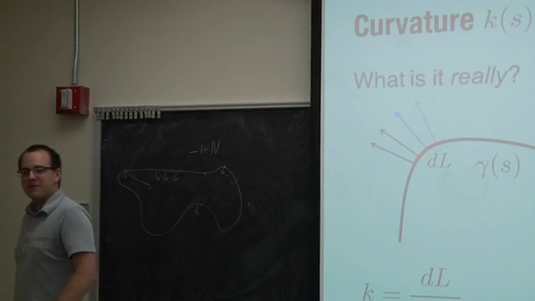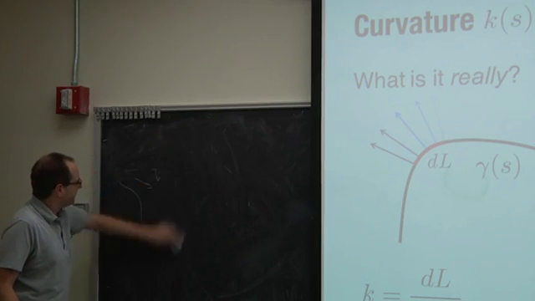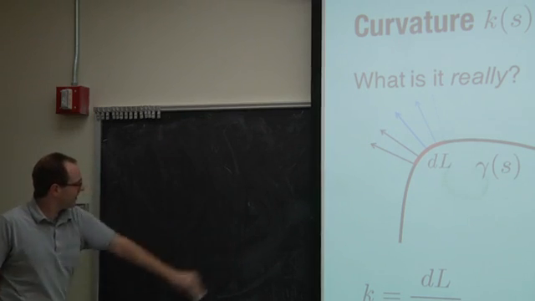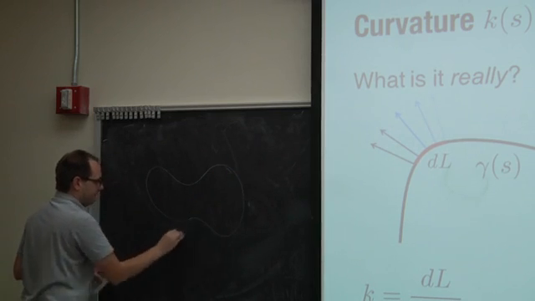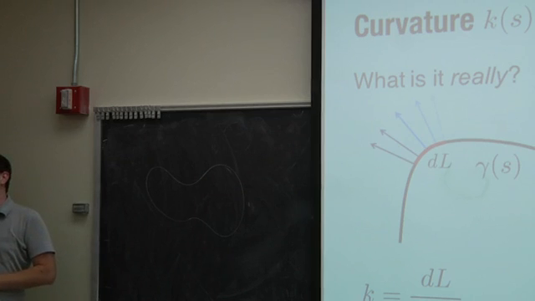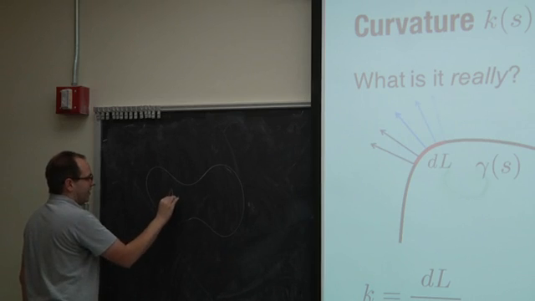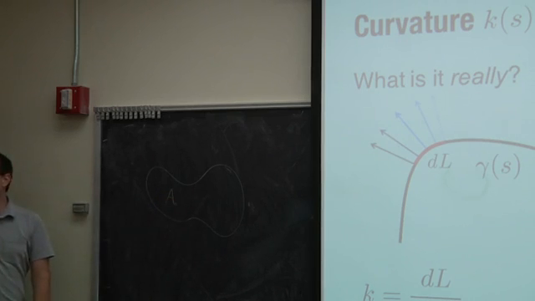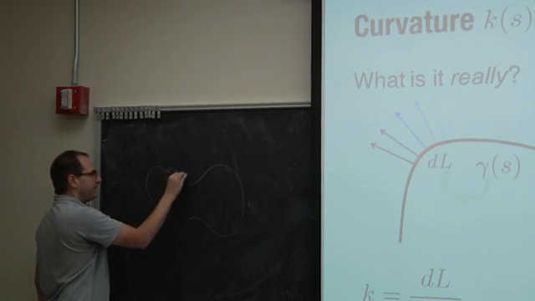Last property I want to mention about curvature. I'm going to stick to closed curves. Now I'm going to look at the area. I'm going to call the area inside here A0. And now I'm going to draw the normal vector everywhere along this curve.